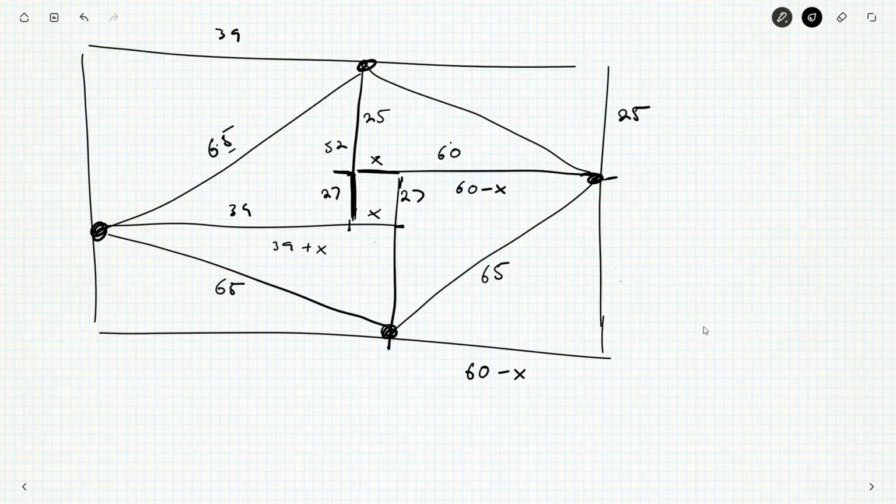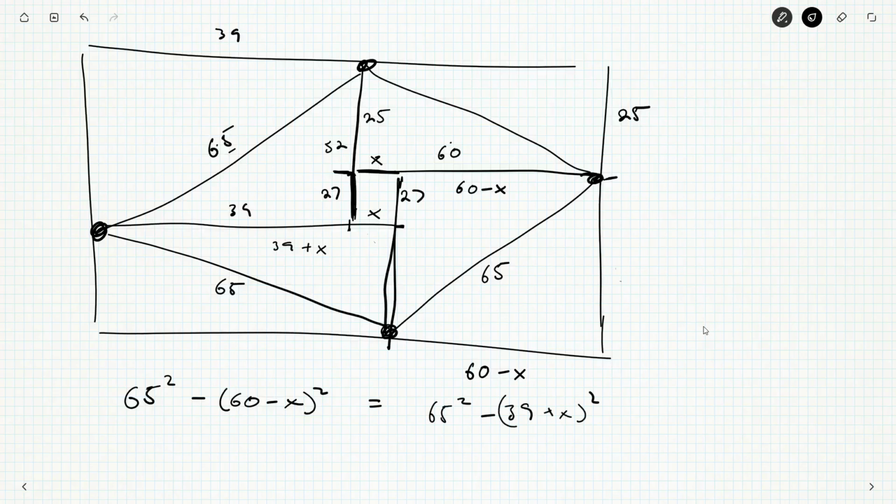So I suppose I could set up an equation that 65 squared minus 60 minus x squared, which would be this length squared, is equal to 65 squared minus 39 plus x squared. So if I square root both sides, their difference is 27. I don't like this expression, but it will give me x.